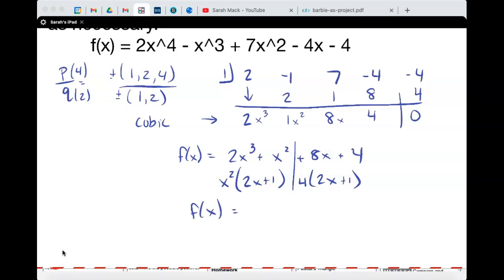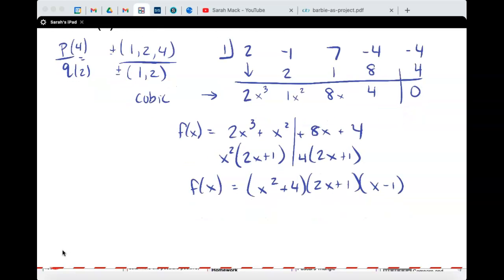Okay, my cubic polynomial factors to be this, which is helpful. Technically, I have another x minus 1 from the 1, if I wanted to write the true f of x polynomial with all of the linear factors. But I could set all of these parts equal to 0 to find the rest of the zeros.